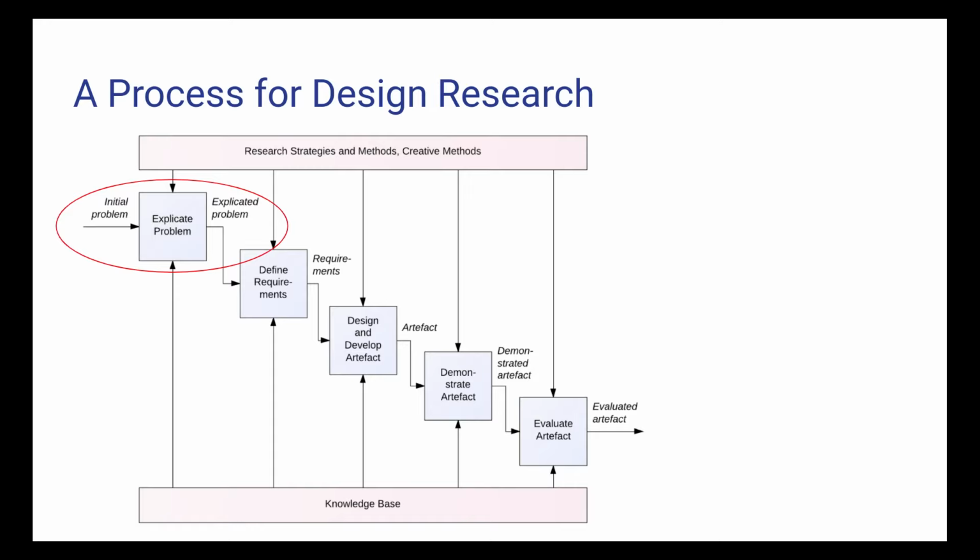Here you start with an initial problem and you try to explicate it, to analyze it, investigate it, make it clearer and more precise, maybe even reframe the problem. And thereby you generate an explicated problem that provides input to other activities in the research process, in particular for defining requirements.